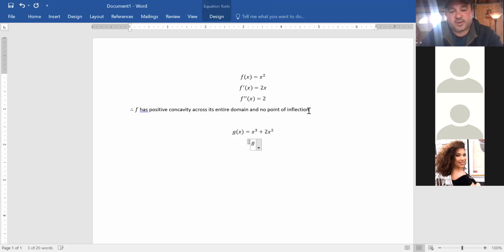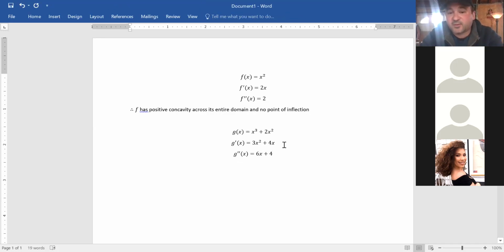So its derivative is 3x squared plus 4x. And its second derivative is 6x plus 4.